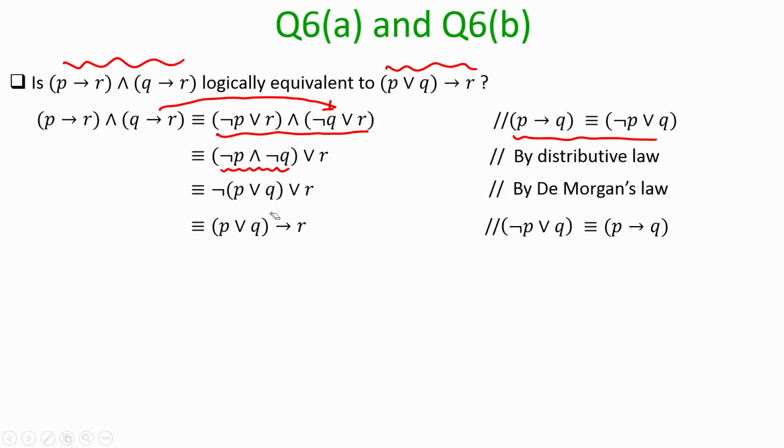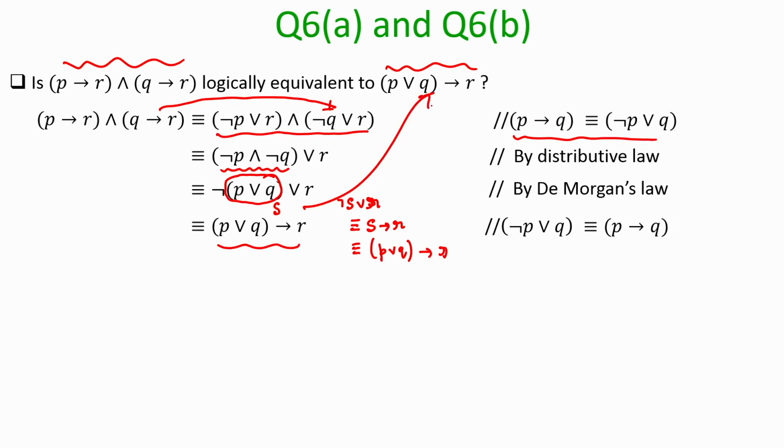So, you can imagine that this whole thing is some S and R. So, this is a form of negation S or R, and this is equivalent to S implies R, and then you can substitute back S to be P or Q. Okay. And what is this? This is nothing but your RHS. That means, starting with LHS, by simplifying it, we can convert it into RHS form, and hence I can conclude that my LHS and RHS are logically equivalent.